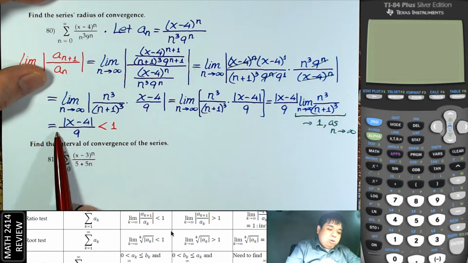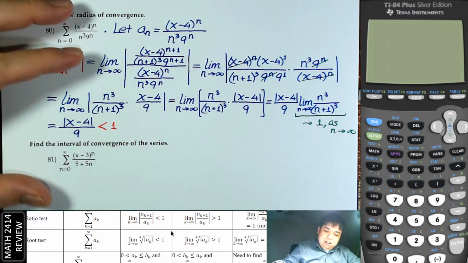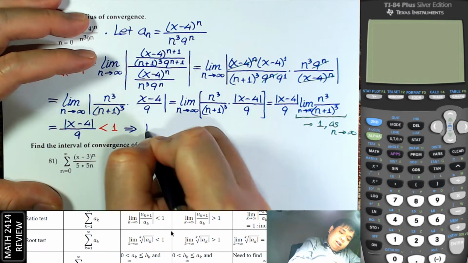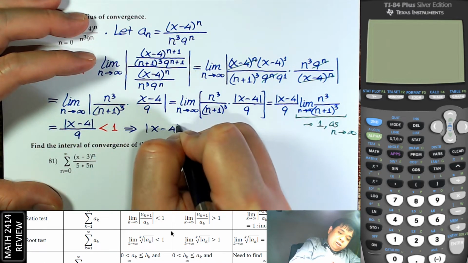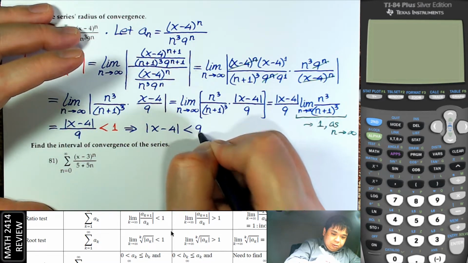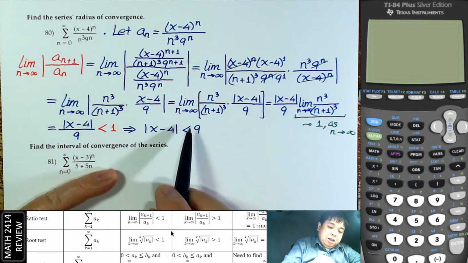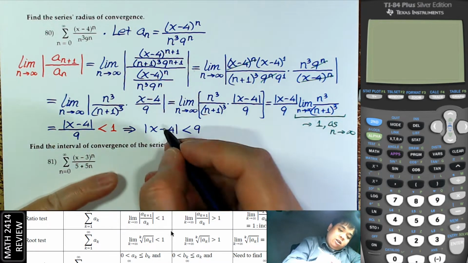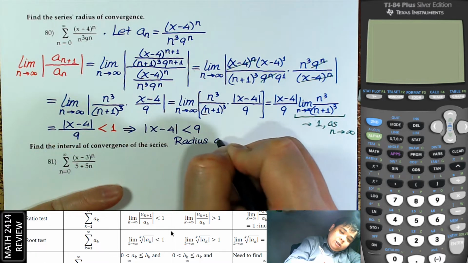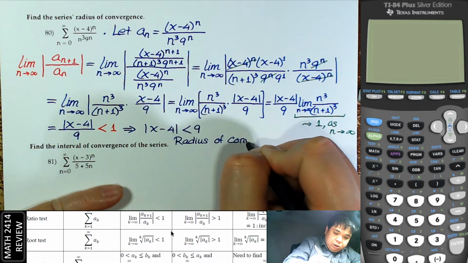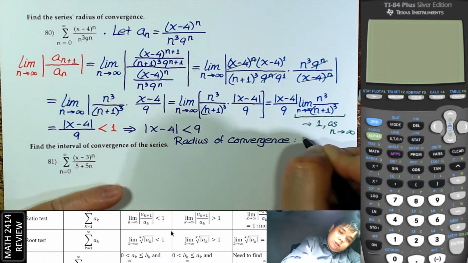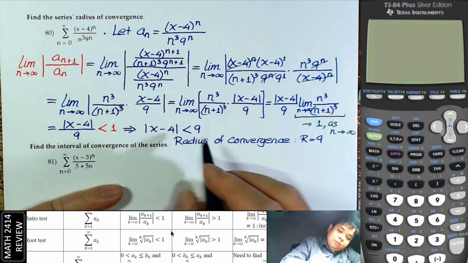And all we need to do is multiply 9 on both sides. If we multiply 9 on both sides, we have the absolute value of x minus 4 less than 9. And so in this form, the 9 is the radius of convergence.